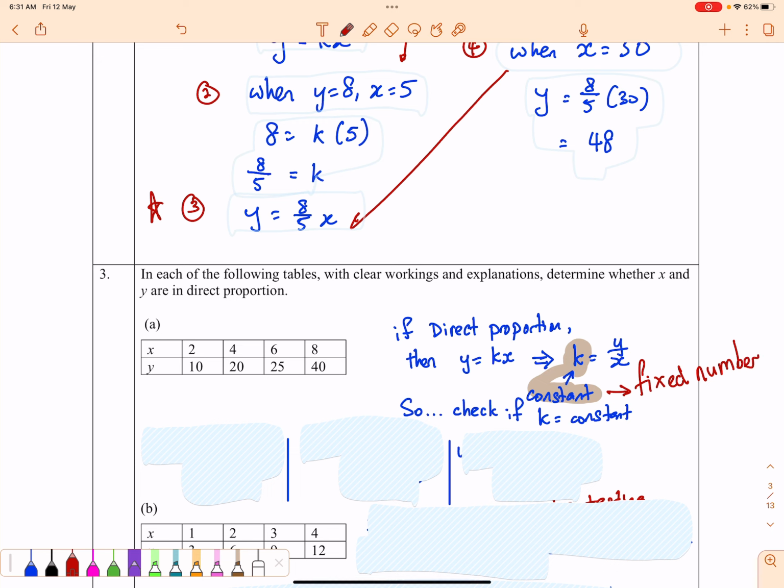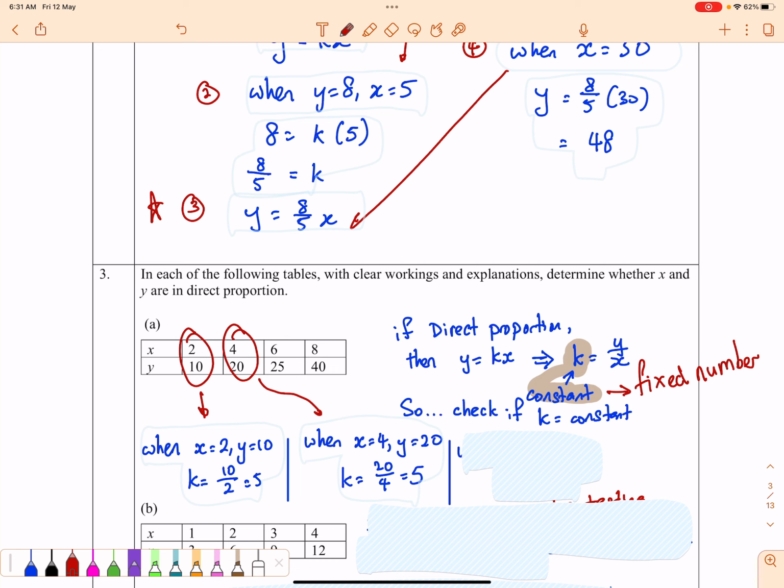So let's make use of the first two numbers to see whether they are a fixed number or not. So when x is 2, y is 10, we say that k is equals to 5. When x is 4, y is 20, I see that, oh, k is still 5.